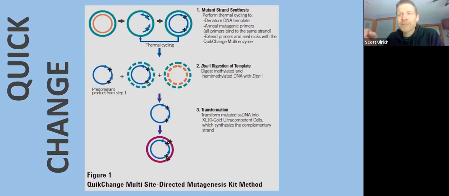The DpnI enzyme on step 2 cuts any DNA that came from an organism, but it won't cut DNA that's synthetic. So you can degrade the unmutated version of the plasmid and keep only the mutant version. Do you see what I mean?